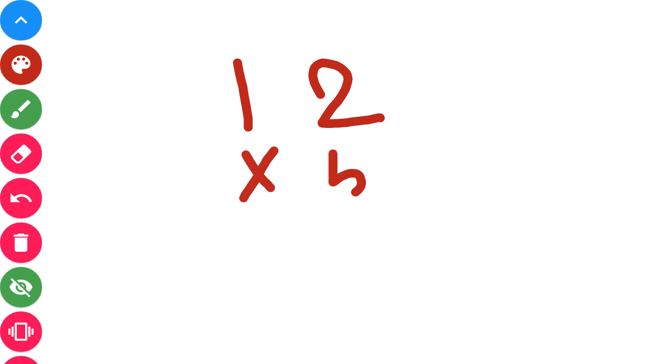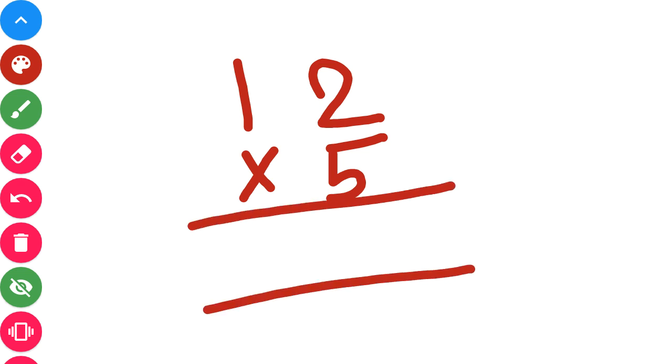Suppose I take the number 12 and I have to multiply 5 with this 12. How much will I get? First we will start with reading the table at the ones place.